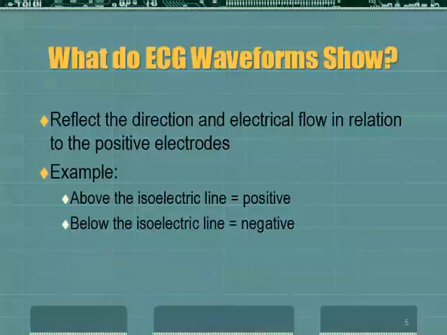So for example, for those clients whose ECG tracings you're looking at, anything above the isoelectric line, which is the flat horizontal baseline on the ECG tracing, is showing a positive deflection, and below that would be negative.